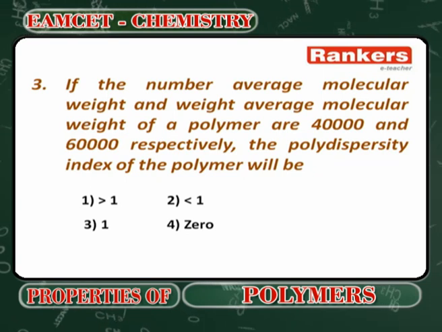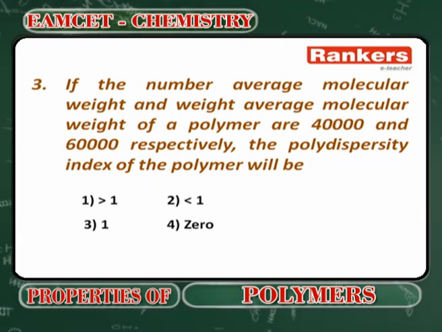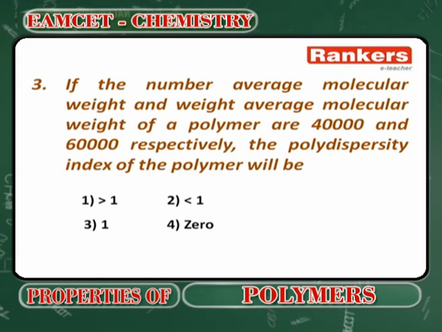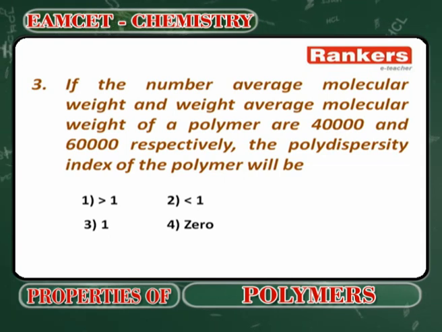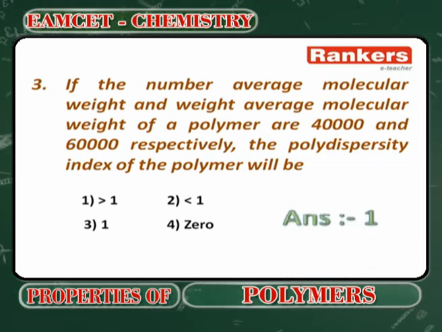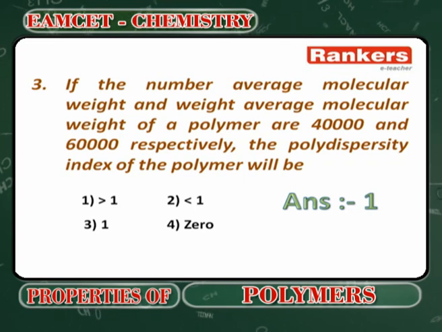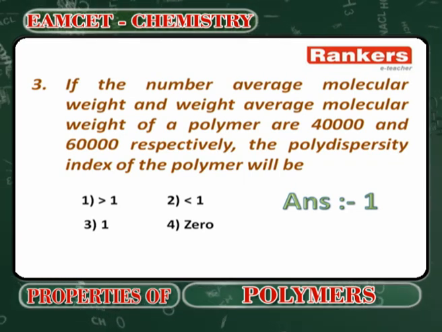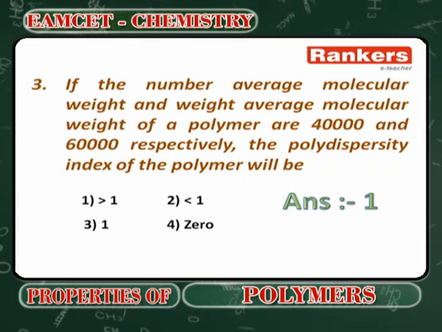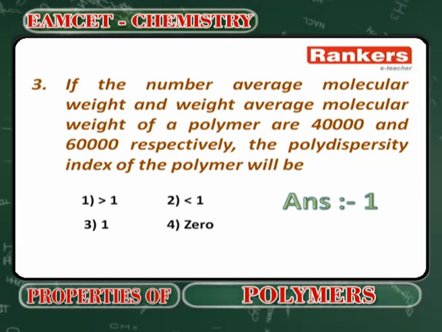If the number average molecular weight and weight average molecular weight of a polymer are 40,000 and 60,000 respectively, the weight average molecular weight is given as 60,000 and the number average molecular weight is given as 40,000.